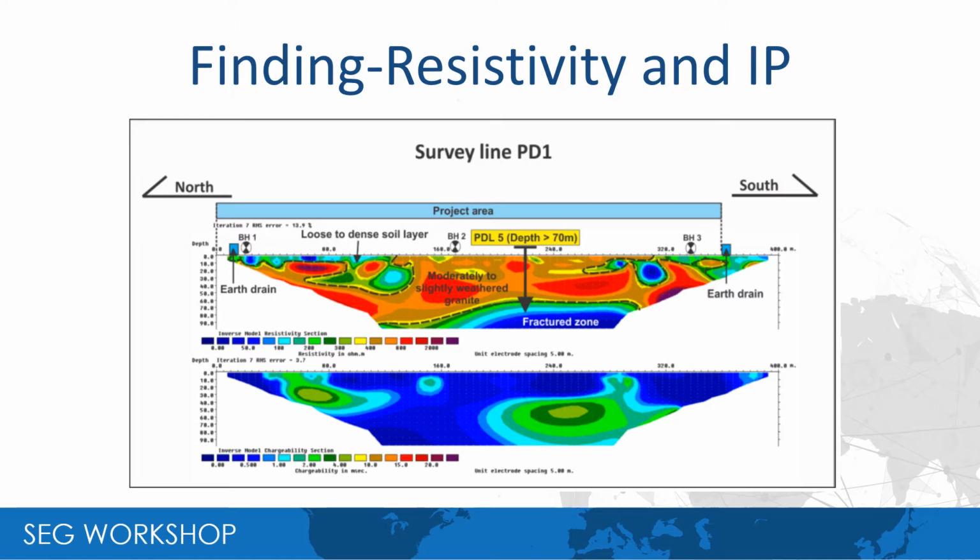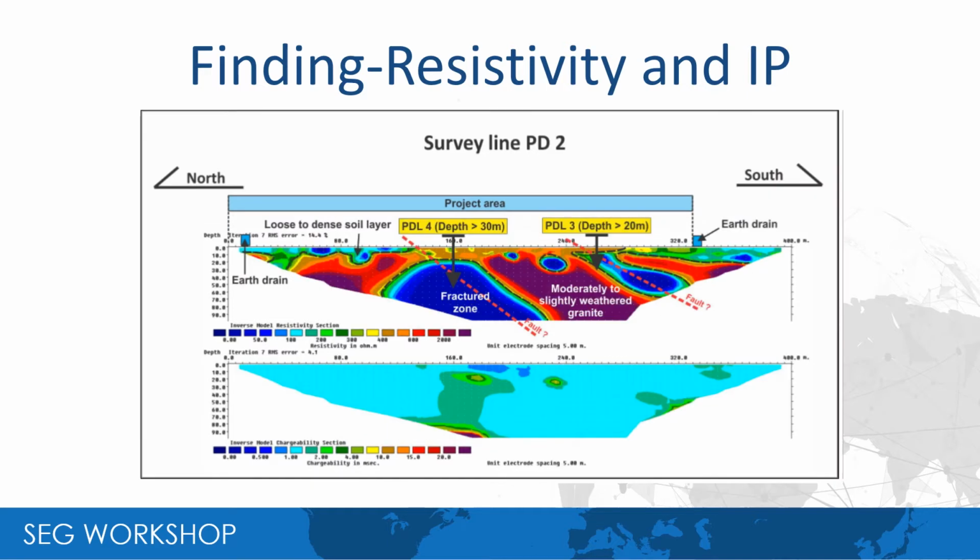And then we propose PDL, meaning proposed drilling location, number 5, to verify this result. We need to drill more or less around 70 meters. Basically, we are very confident with this result before we verify it with the borehole. So never mind, we proceed with PD number 2.